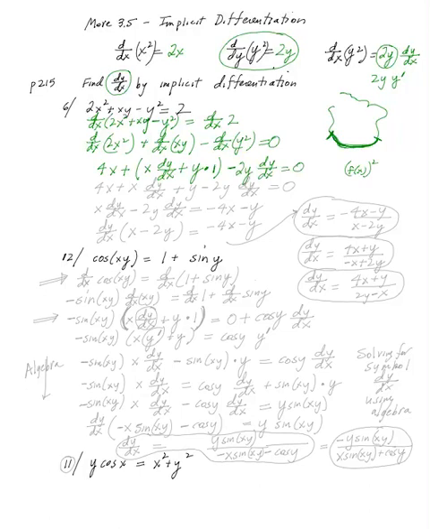It's algebra from here on out. I want terms with dy dx moved to the left. Terms without dy dx moved to the right. But let's get rid of these parentheses. I'm just adding, so I can just remove the parentheses.